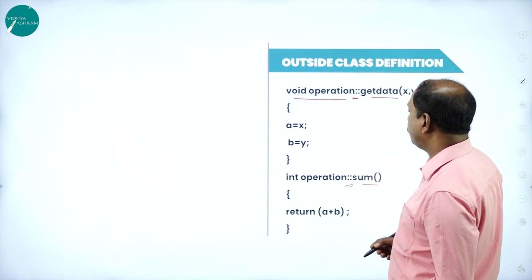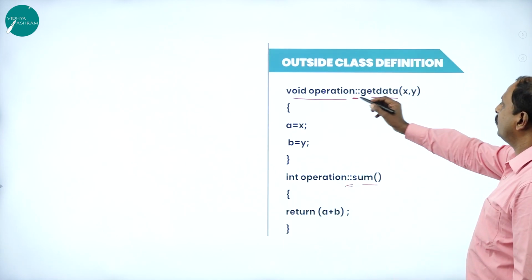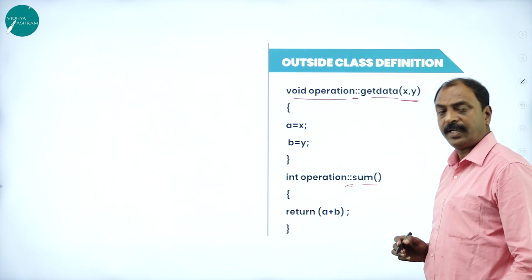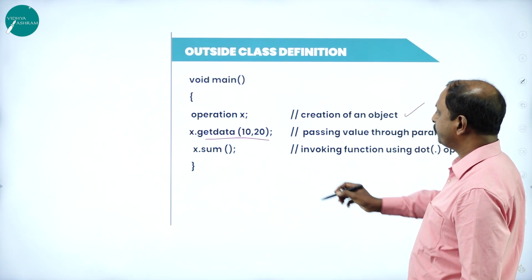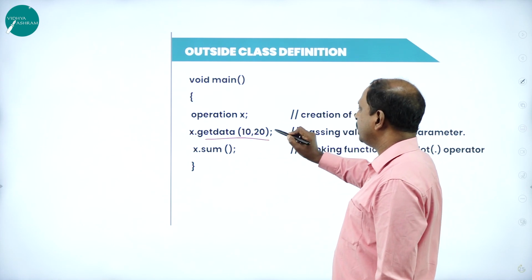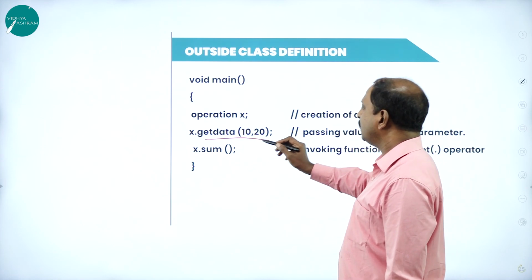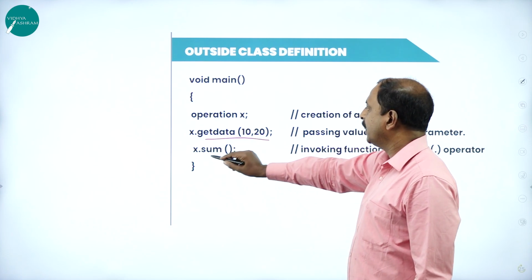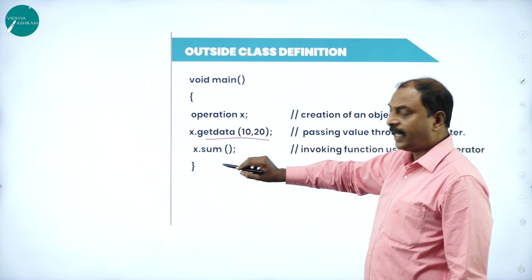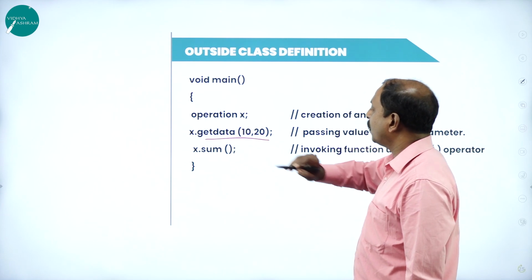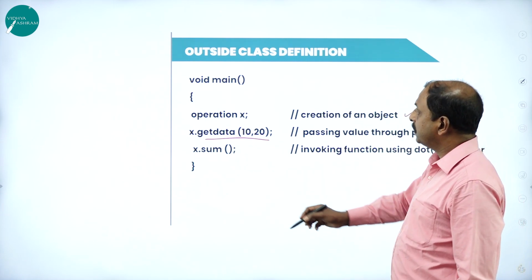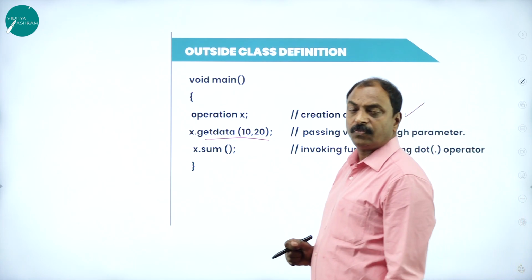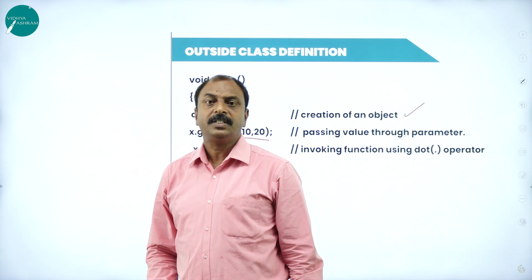As we have seen in the previous example, this function getdata takes two arguments x and y, so we are supposed to give values at this stage. Next function is x dot sum. x is an object here, sum is the name of a function, and this function is without any argument. So this is a complete program to show the working of a member function defined outside the class.